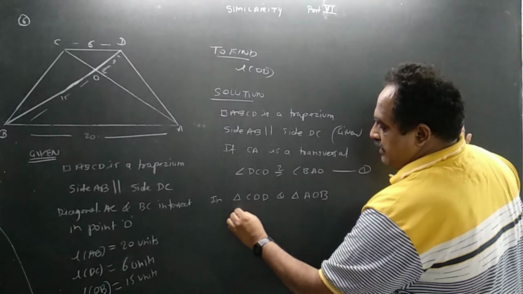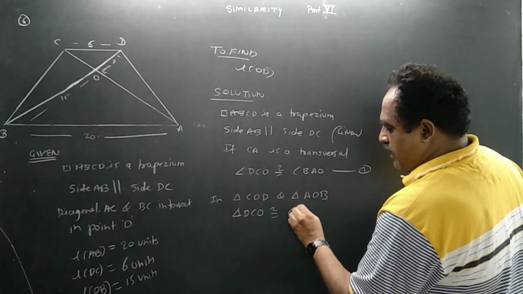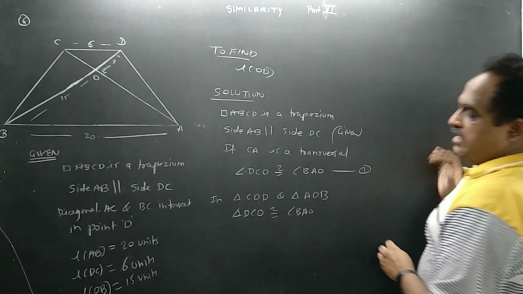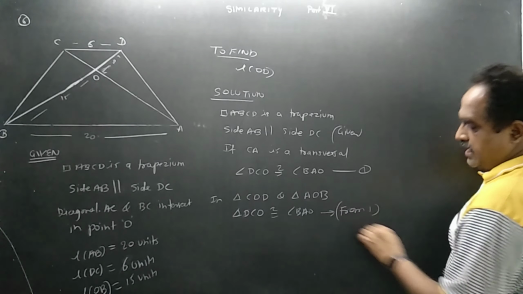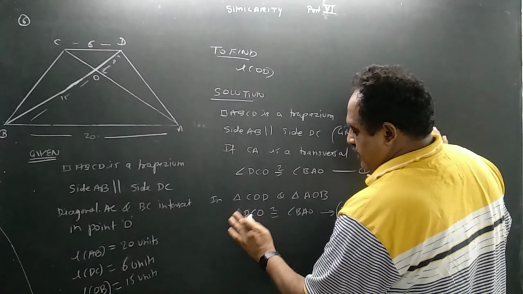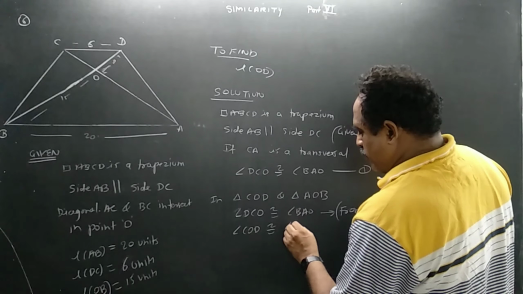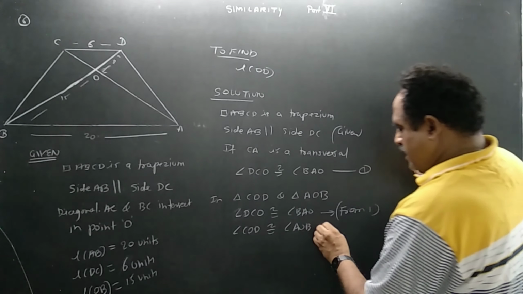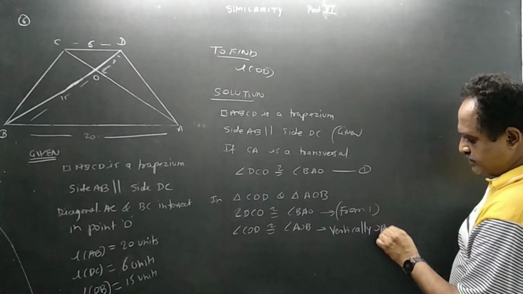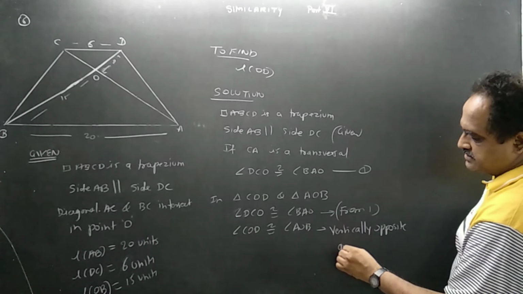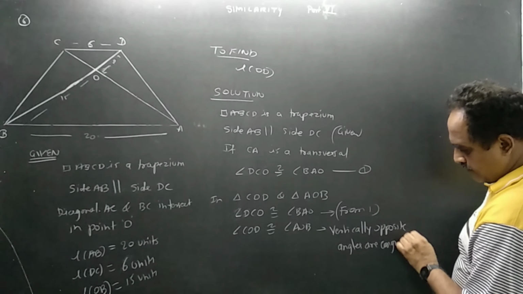In triangles COD and AOB, angle DCO is congruent to angle BAO, the result from 1, and angle COD is congruent to angle AOB, vertically opposite angles are congruent.